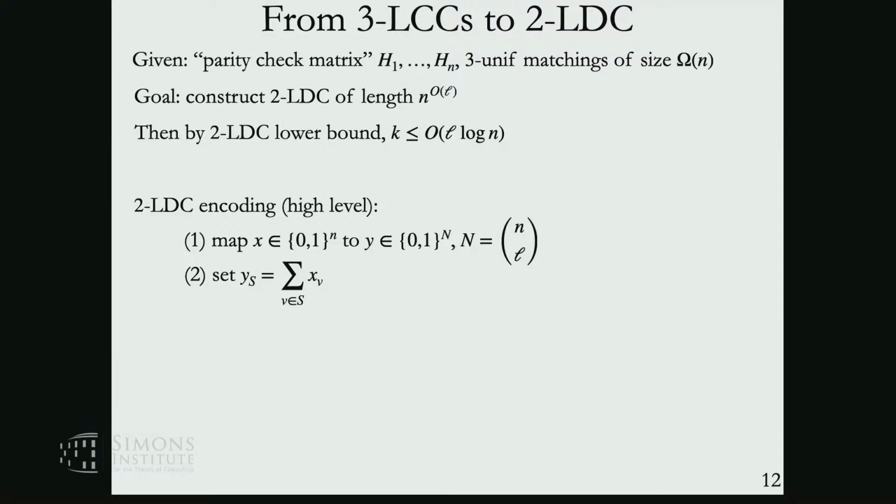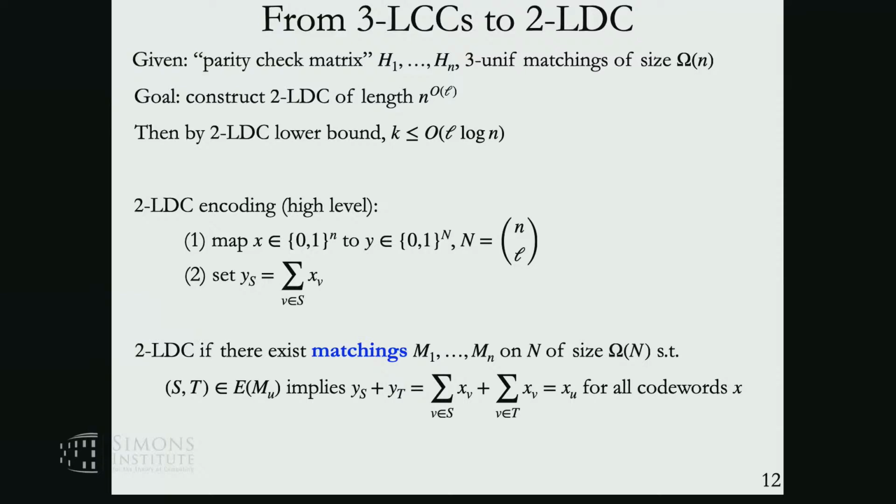So that's going to be the main part of the proof. To show that it's a 2-LDC, I need to exhibit matchings, M1 through Mn, on this larger graph with these vertices of size omega n, such that if I have an edge in this matching, where the vertices are now these sets S and T, it should imply that y_S plus y_T is equal to x_u for all codewords.